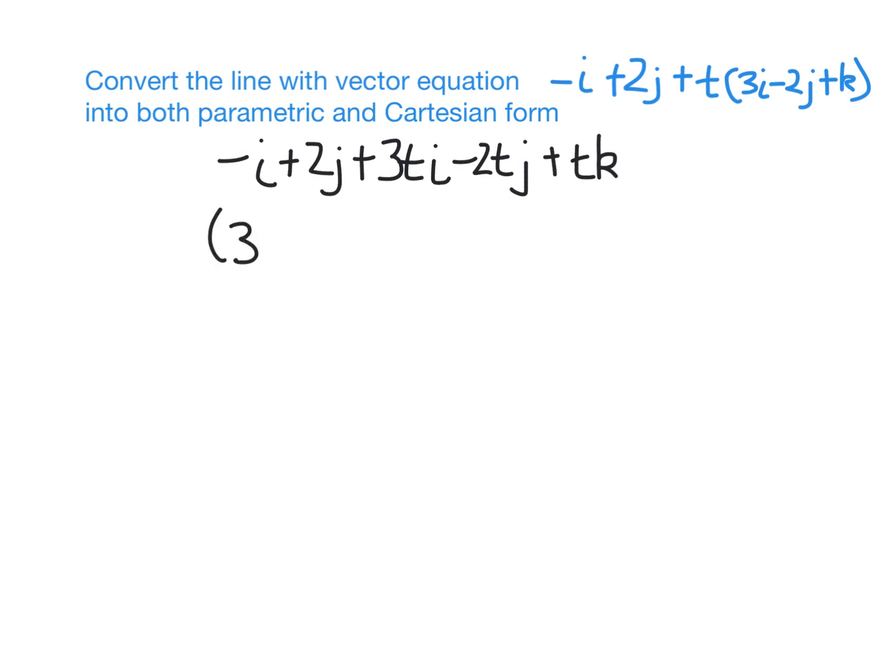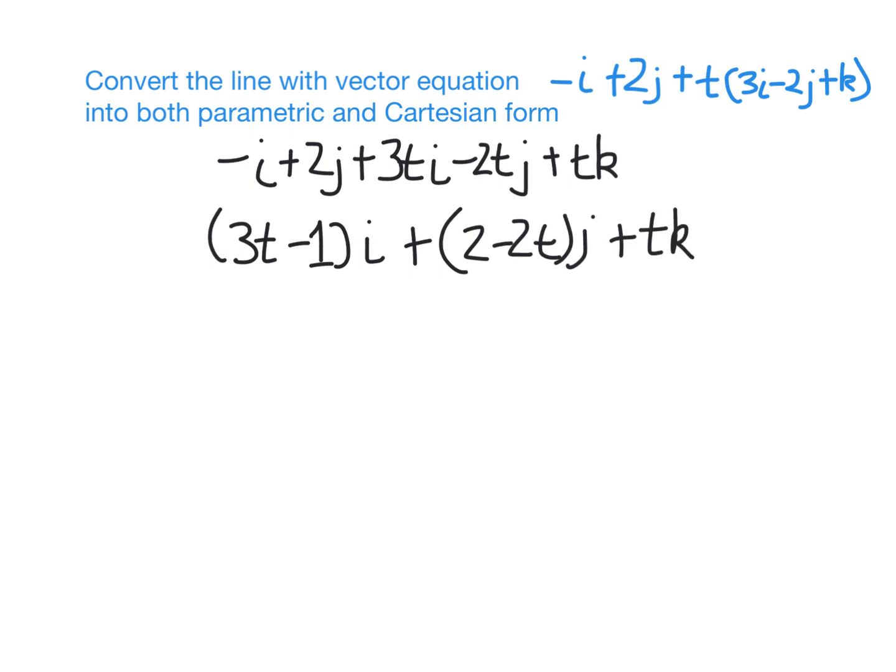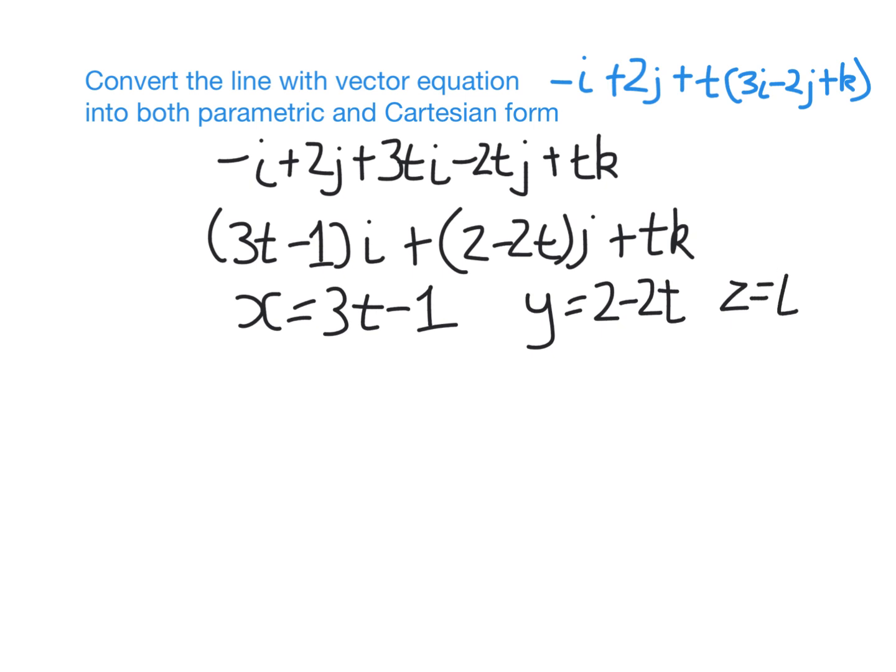I have (3t minus 1)i plus (2 minus 2t)j, and then the k is by itself. I'll leave that alone. So here we have that the x component is equal to 3t minus 1. The j component or the y component is 2 minus 2t, and the z component is just t.